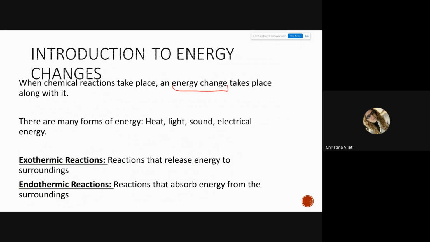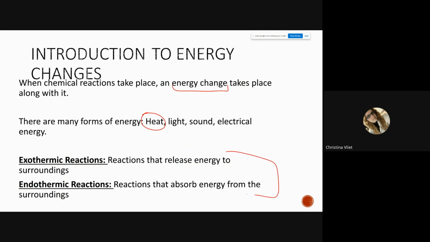So when you have a chemical reaction, there's also some amount of energy. We're going to be looking at energy as heat, but there are other forms of energy, like light and electrical energy, but we'll be looking at heat in this class.